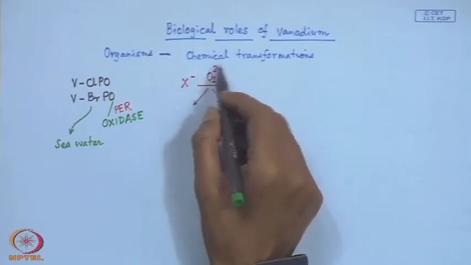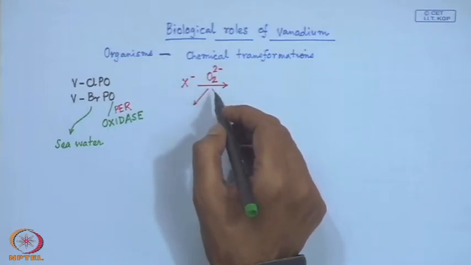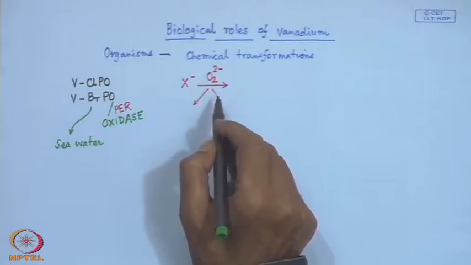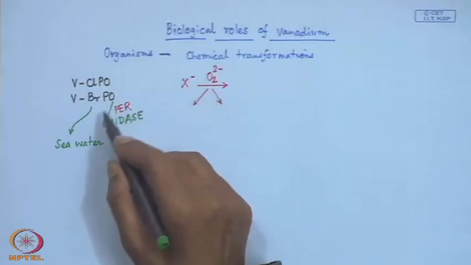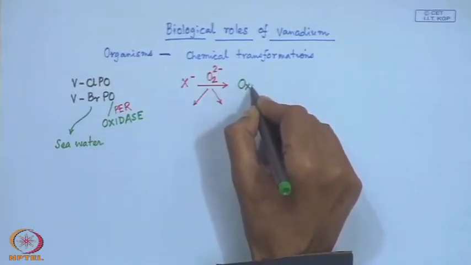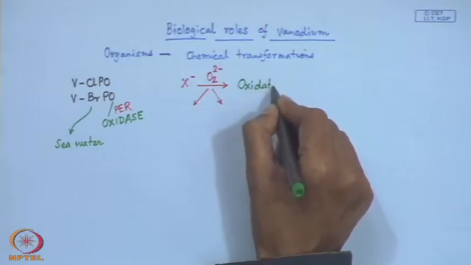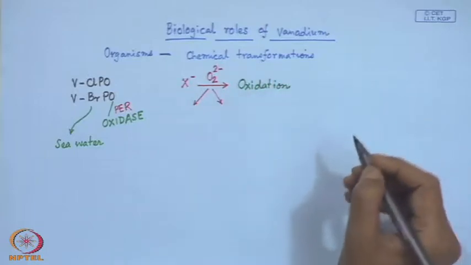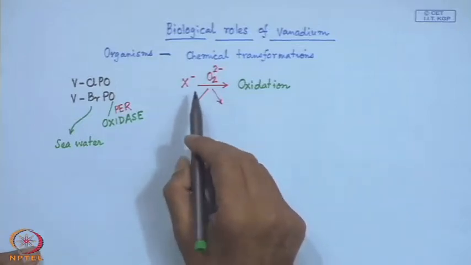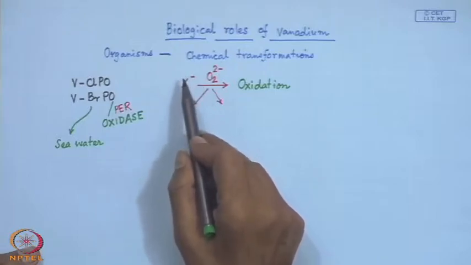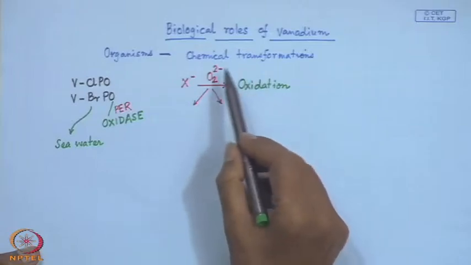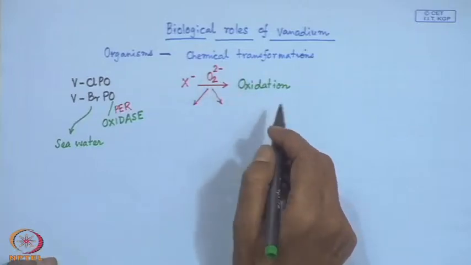So, this basically when go for disproportionate reaction, it can go for oxidation as well as reduction reaction. But since we are talking about the peroxidase activity, so we will be looking for the corresponding oxidation reaction on the halides. So, if we are able to oxidize the chloride, the bromide or the iodide, we will be able to see some peroxidase activity when peroxidases are present in the system.